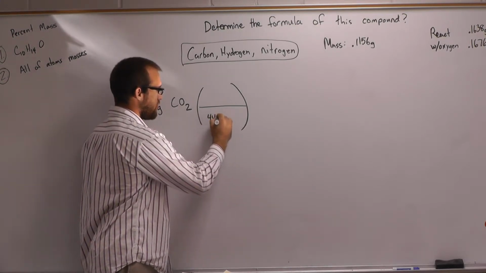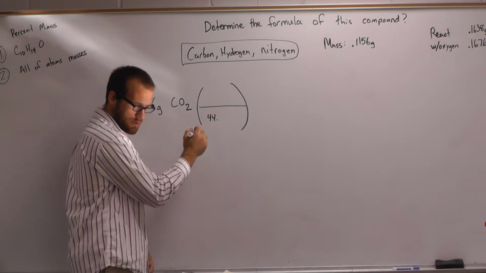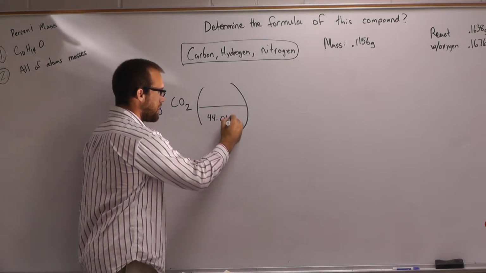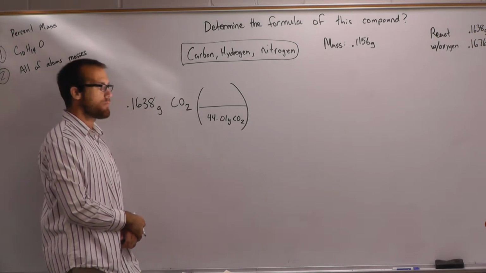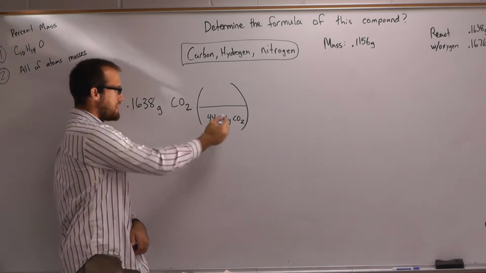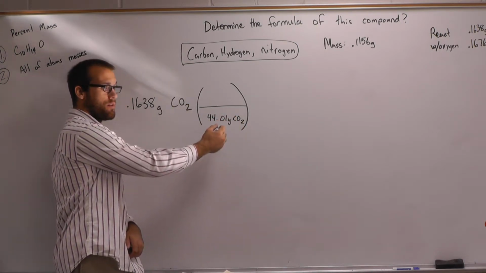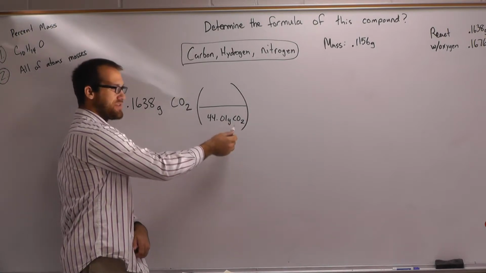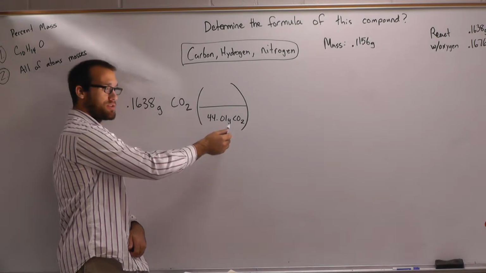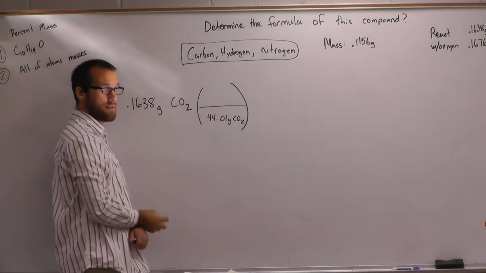So that's 44.01 grams of CO2. Would that cancel out grams of CO2 here? What's the relationship for every 44.01 grams of CO2? What's the relationship of carbon to that? 12.01.